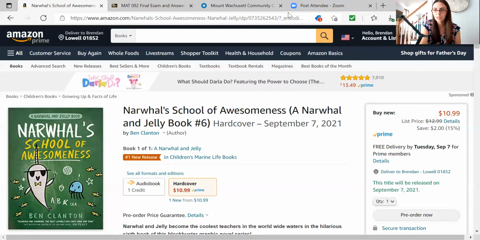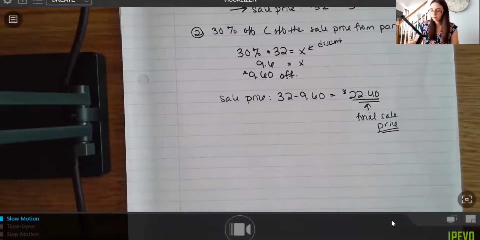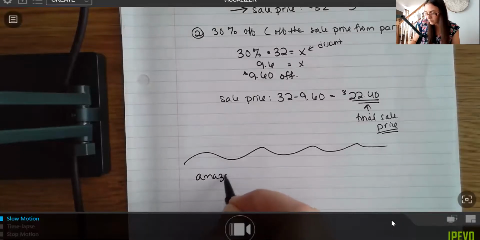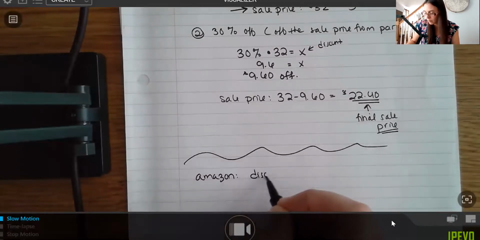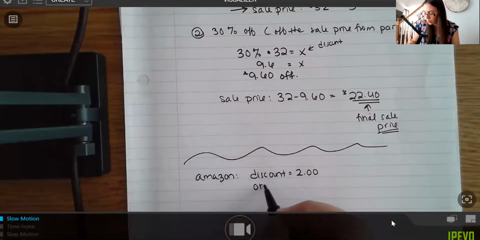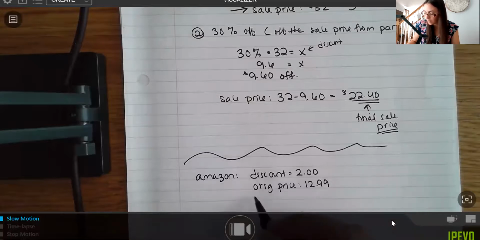And I'm sure other websites do it as well. I think eBay does it too. I've seen examples there and so on. So it's a nice way to make sure you're checking this stuff and thinking about it. And just like I said in that Amazon piece here, they told us the discount was $2, and we know the original price was $12.99, and the new price was $10.99.